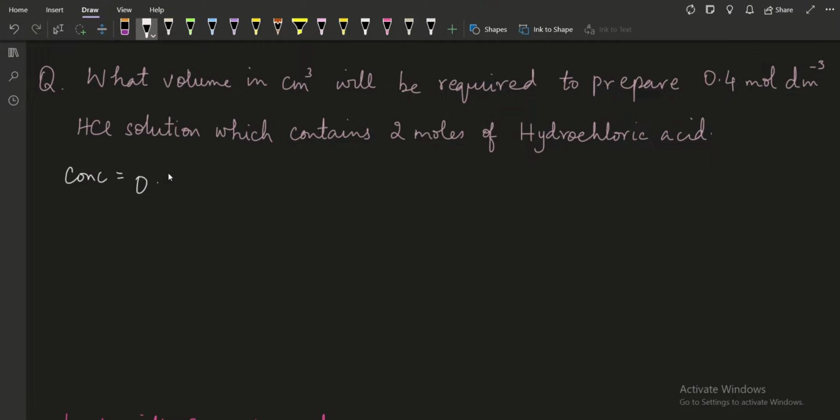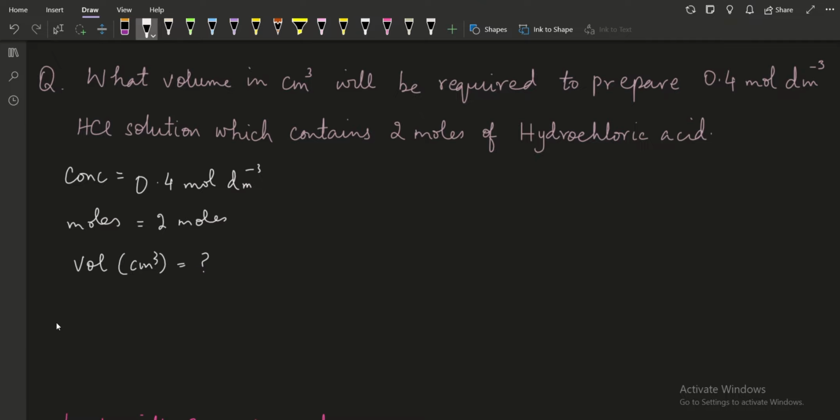It is 0.4 moles per cubic decimeter, and the number of moles is just 2 moles. And we just have to calculate the volume in cubic centimeter.